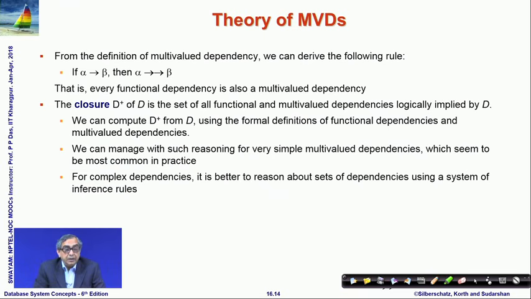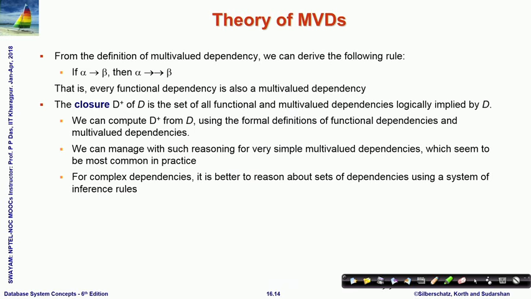I have mentioned that there are closure algorithms. Given a set of dependencies, which could be functional dependencies as well as multi-valued dependencies, you can define a closure of all of these dependencies together that are implied by the given set, and we can have all those parallel definitions, the minimal cover, canonical cover, and so on.